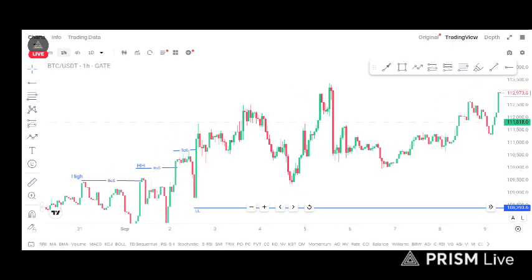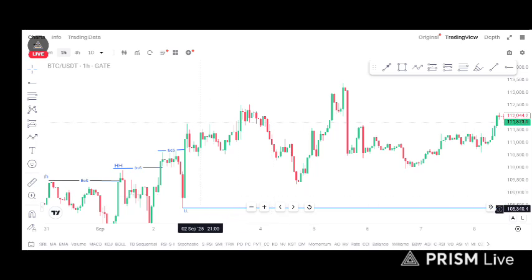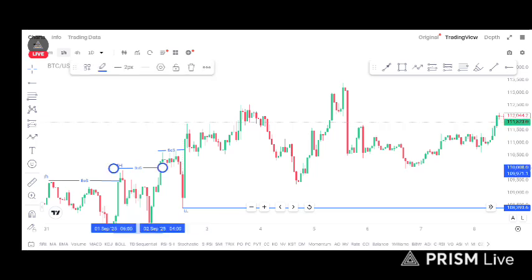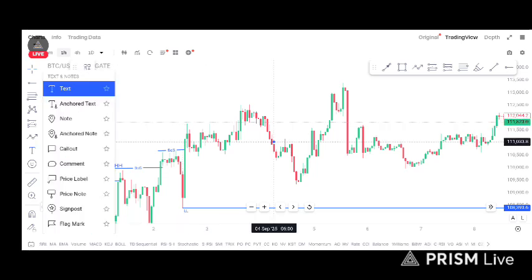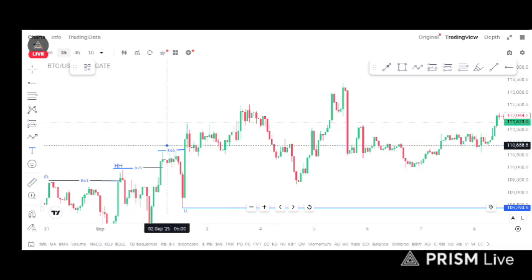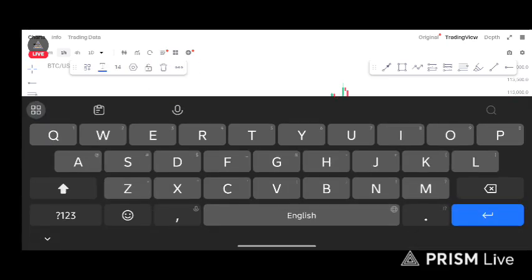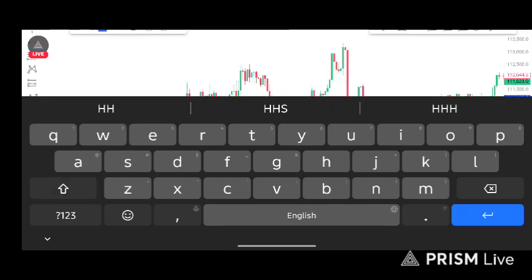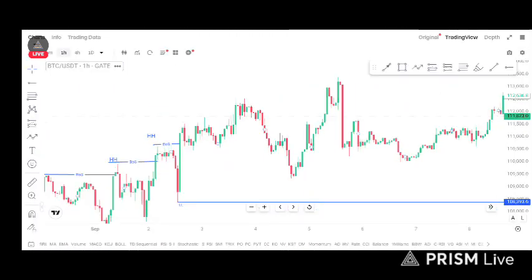So after this lowest point, we have a new high. We had a new high here, a new high, which is now our higher high. Okay, our higher high.